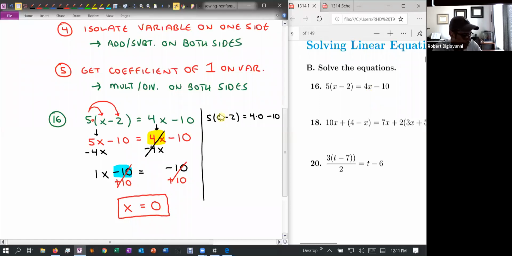Then if we went through and simplified the left side, we wind up getting 5 times -2 equals, let's see, 4 times 0 would give us 0, so we just have -10 over there because that goes away. And then 5 times -2 is -10. So what you wind up getting is a true statement. Negative 10 equals negative 10. That's true, so that was the correct solution.